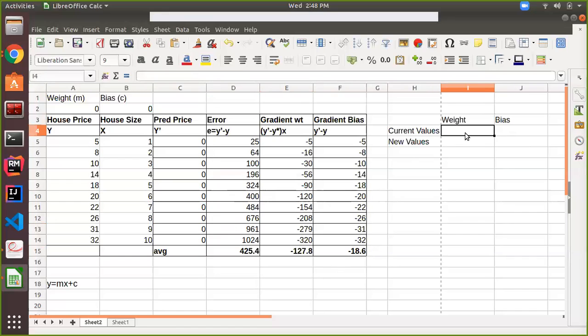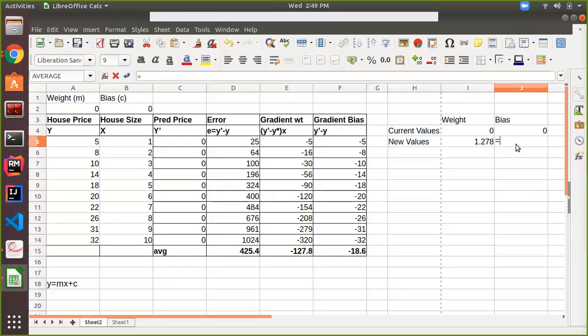So current value for this we have taken as 0. So I will calculate the new value of weight and bias using this formula, equal to current value minus 0.01. Every time I am decrementing it by 0.01, and after that multiply it with average gradient weight. Okay, so this is the new value of the weight.